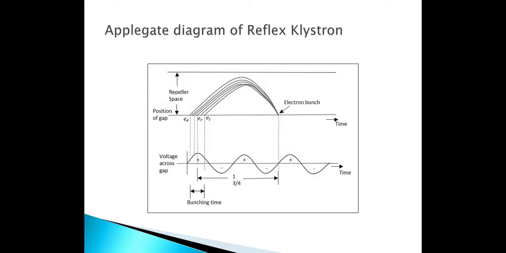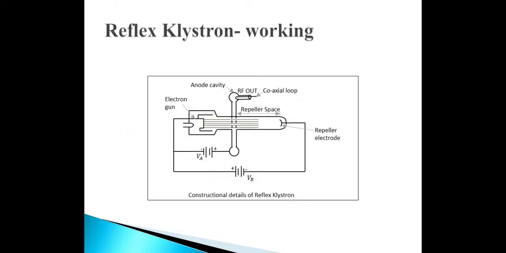This is most widely used in applications where variable frequency is desired, as in radar receivers, local oscillator in microwave receiver, signal source in microwave generator of variable frequency, portable microwave links, and pump oscillator in parametric amplifier.